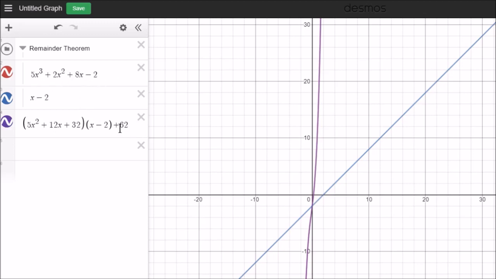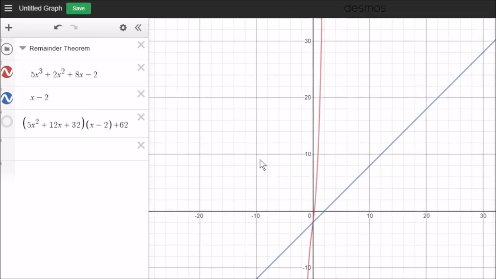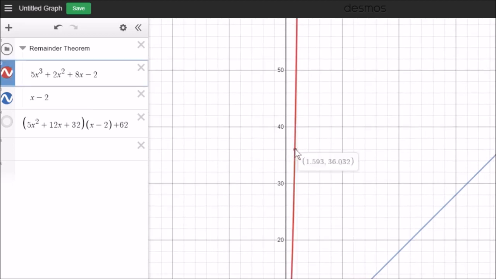But now we want to have a wee look at this value of 62. The 62 should be the value of this function here whenever the x is equal to a value of 2. So this is the red function here. When x is a value of 2, the y value should be 62. So let's go ahead and have a wee look.